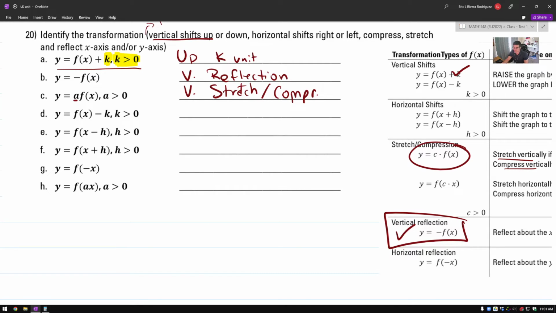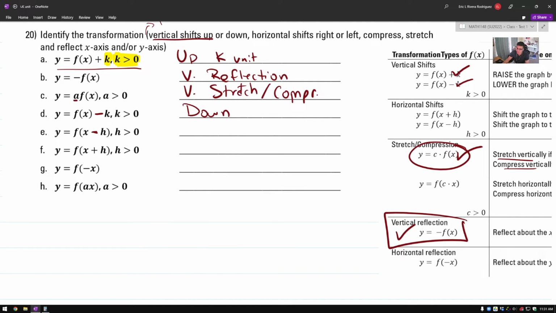If you identify stretch slash compression, you could say it could be a vertical stretch or a vertical compression. That will depend on the value of a. But if you put vertical stretch / compression, I will understand that you got this part and that transformation. Minus k, we go down. So that is that one.